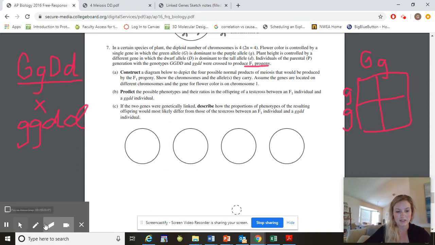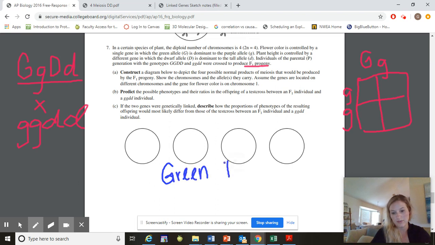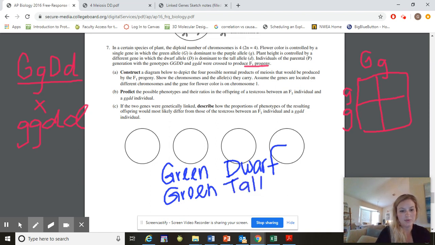All right. First thing I like to do is write out both dominant traits. So our dominant trait was green and dwarf. So they could be green and dwarf. They could also be green and tall. They could also be purple and dwarf.